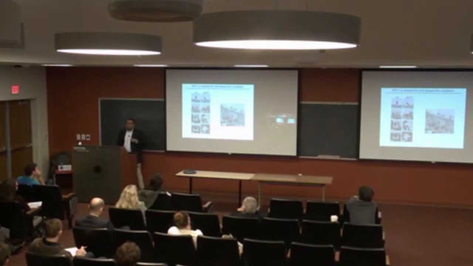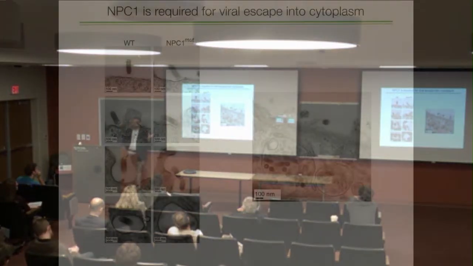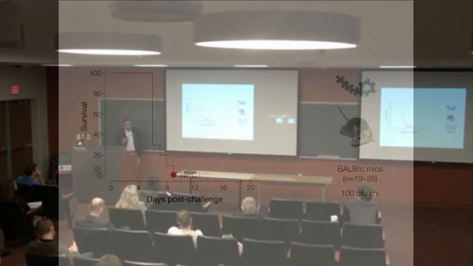So it never gets out. It can't get out of the endosome, and it's just stuck there, and it eventually gets destroyed by all these nasty enzymes. So essentially the virus needs this receptor protein, NPC1, to blow out of the endosomal compartment, just like flu uses acid pH to do the same thing, but Ebola has evolved to use a specific protein.